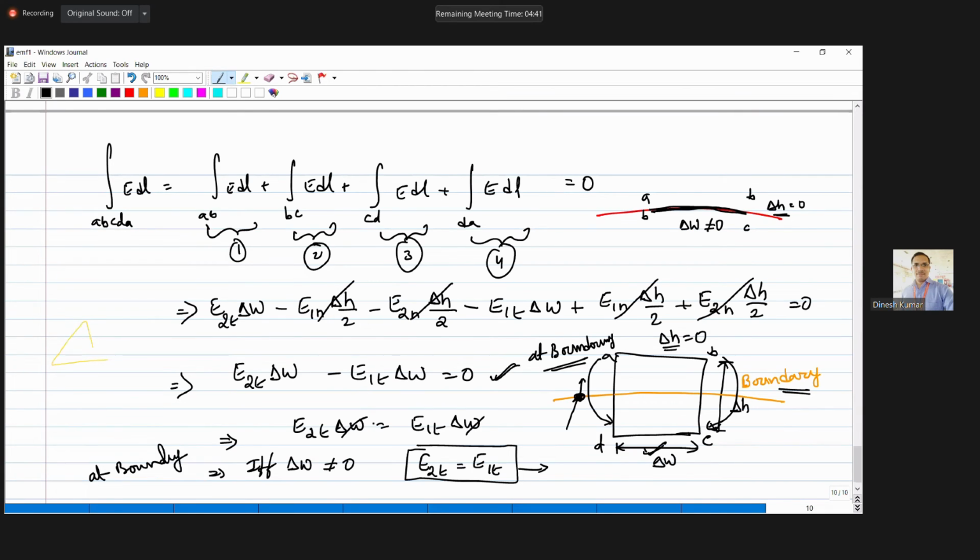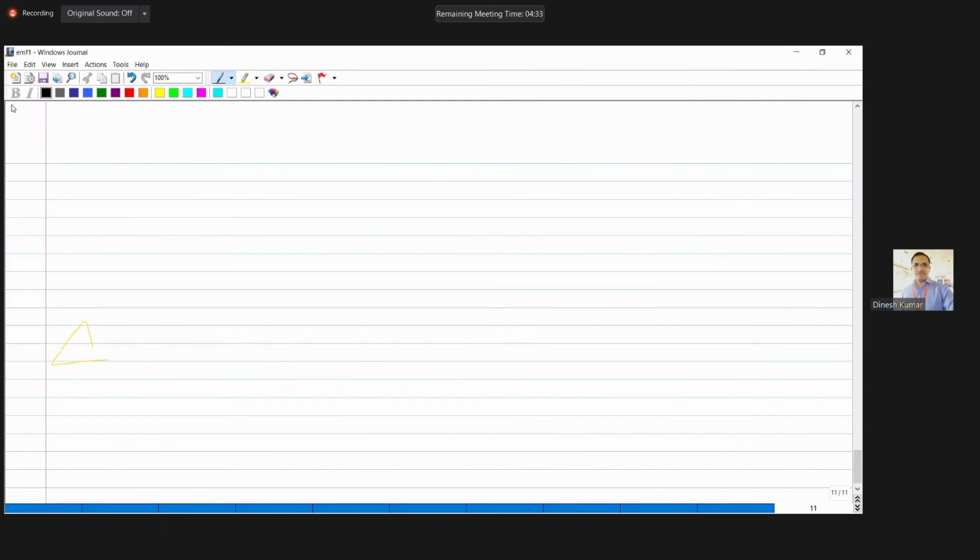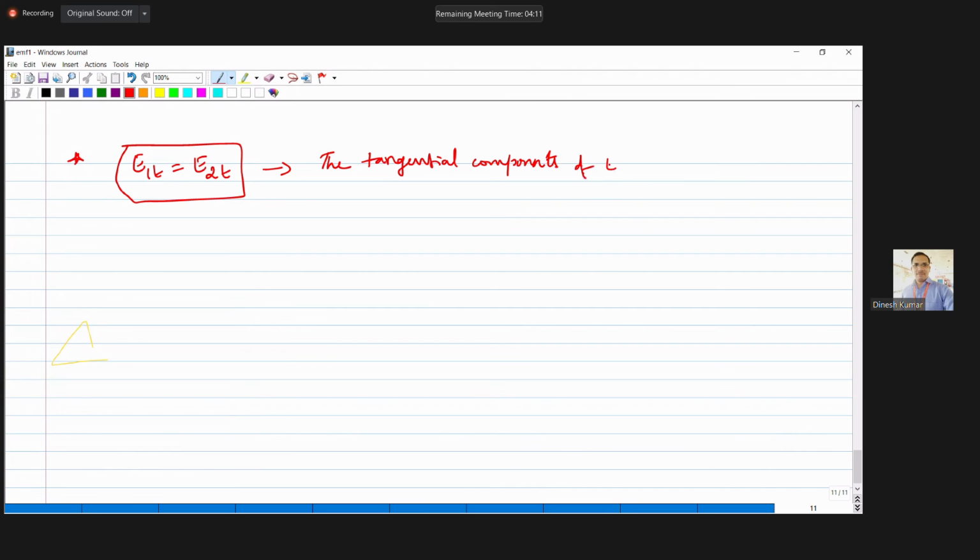So here we have derived one of the important conditions now. I am writing here: E1t is equal to E2t. From here what can we conclude?